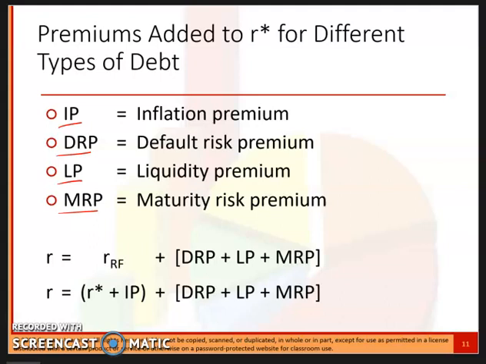So for any investment, the nominal rate is equal to the risk-free rate plus the default risk premium plus the liquidity premium plus the maturity risk premium. And then we can break that down to include the real risk-free rate and the inflation premium, which together are equal to the risk-free rate.